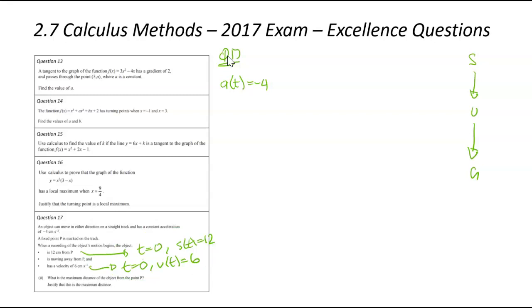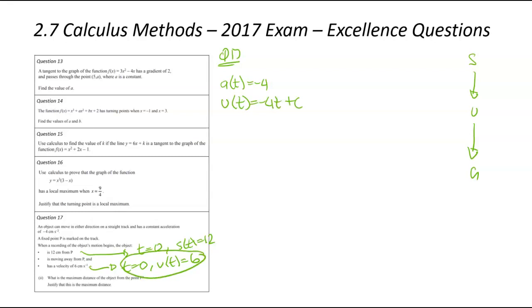What is the maximum distance? So we're trying to find the distance that the object is away from point P. We've also been asked to justify that this is the maximum. The first step: our questions are in relation to distance, so we need to double integrate to find out what the displacement equation is going to be. So we know that the velocity v in terms of t is going to be equal to -4t plus c.